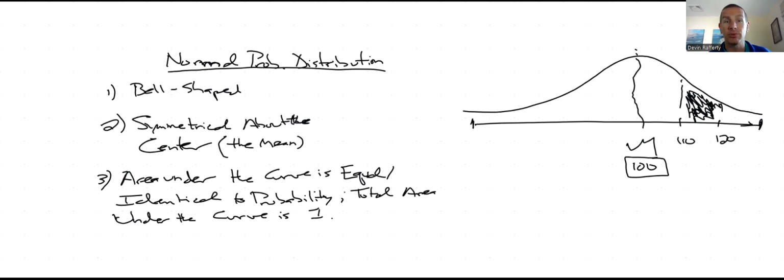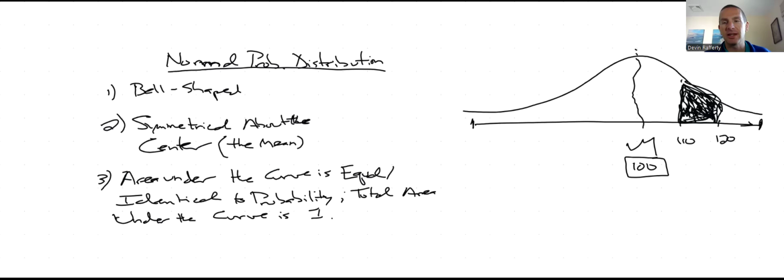So if I wanted to find out the probability of IBM stock finishing the day between 110 and 120, then all I would do is find the area under the curve of that interval. So in other words, if I can find this black shaded region, that area, well, area under the curve is identical to probability.